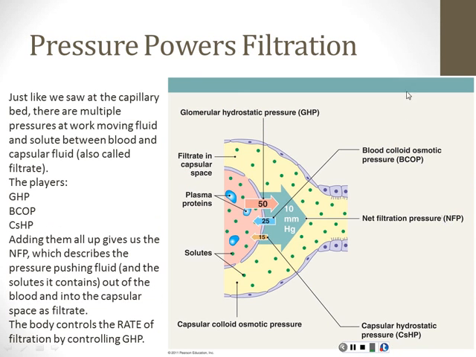All right. So in order to have filtration be effective, it has to proceed at a reasonable pace, right? We've all filtered water in one form or another. If you just pour the water into, like, a Brita pitcher, you have to wait a long time for that water to filter through, right?